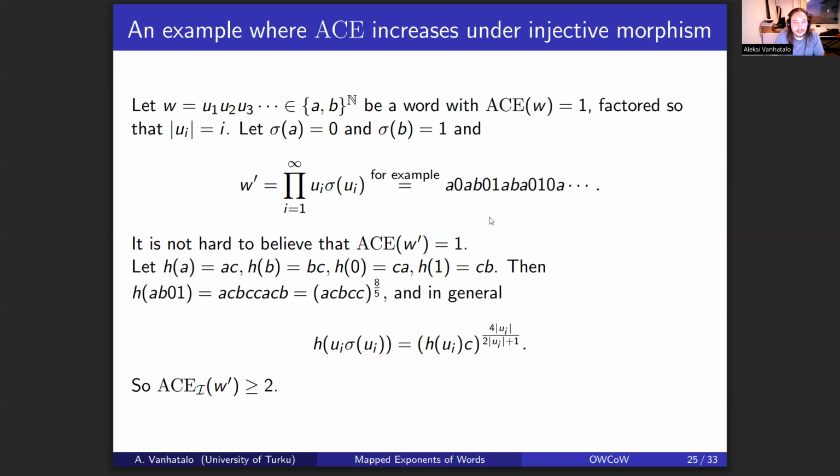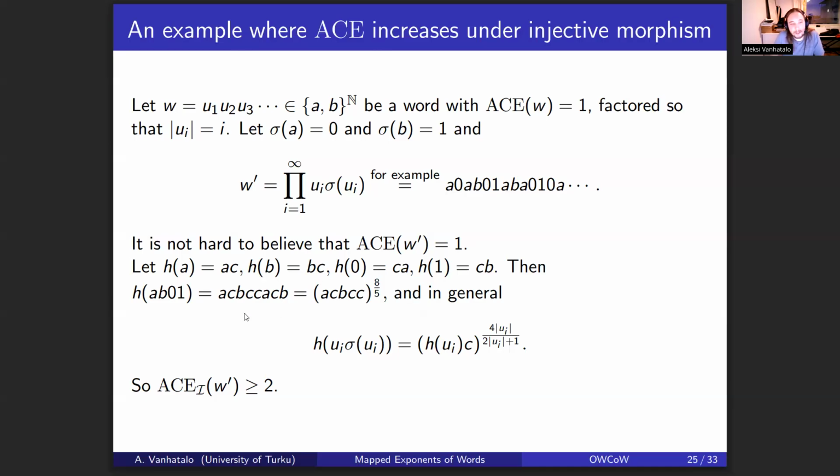But now, because we have these hidden squares here, we can define this uniform injective morphism that reveals the hidden squares in our word. So A maps to AC, 0 maps to CA, B maps to BC, and 1 maps to CB.